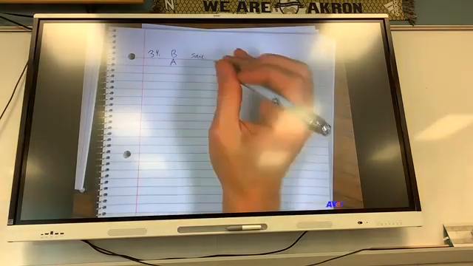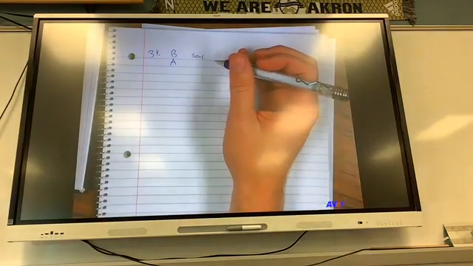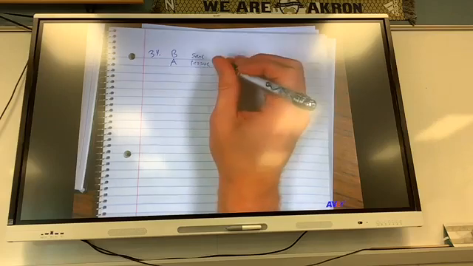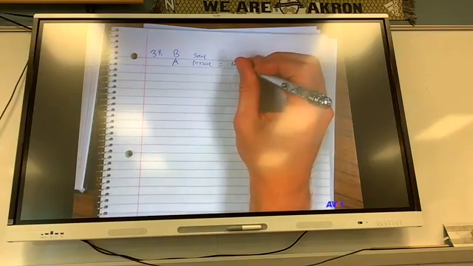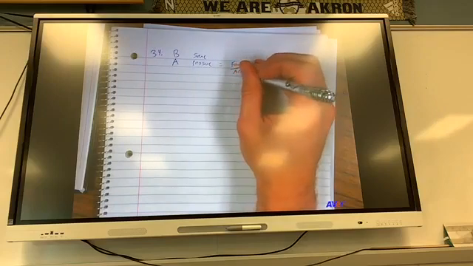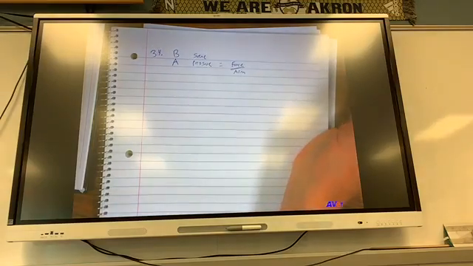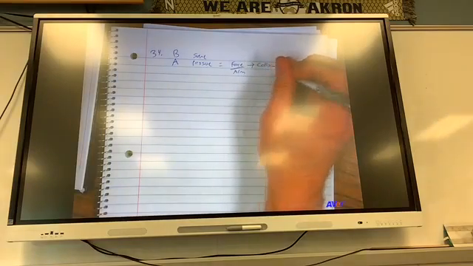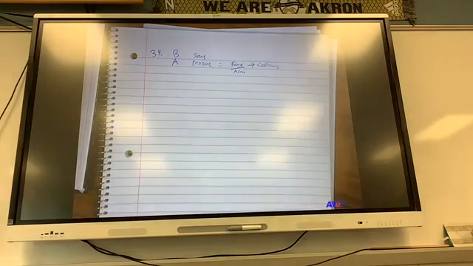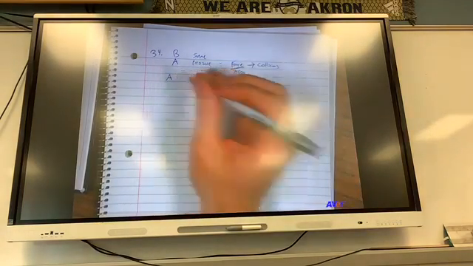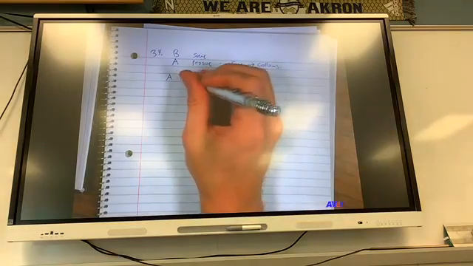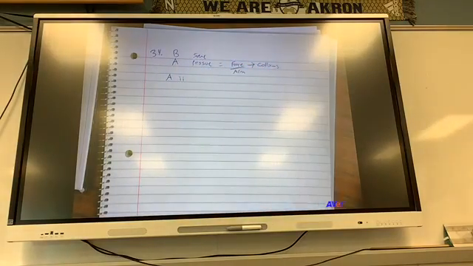34A is pressure, right? Pressure depends on what two things? Force over area, right? Force is also just your number of what? Collisions or particles, yes? So for A, my lowest pressure is going to be 2.